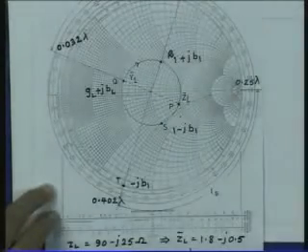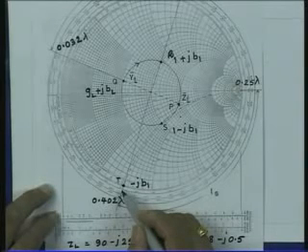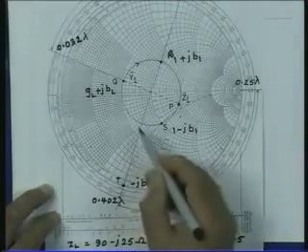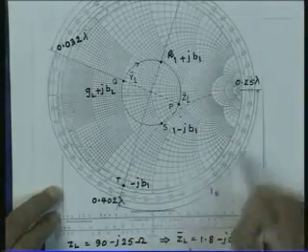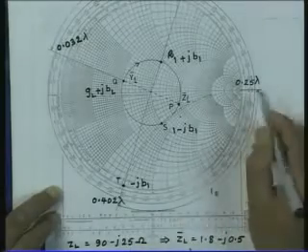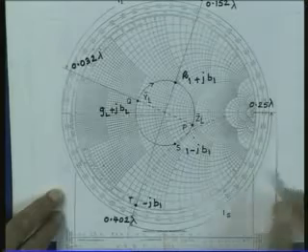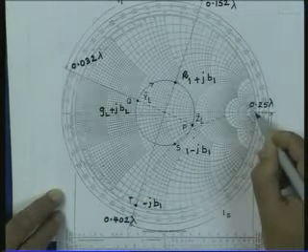So, from here this is my susceptance which I want to add. I have to move now away from the generator, so I have to go in the anti-clockwise direction till I reach the short circuit point. And since this chart has now become the admittance chart, the point corresponding to the short circuit is the rightmost point. So, this is short circuit.